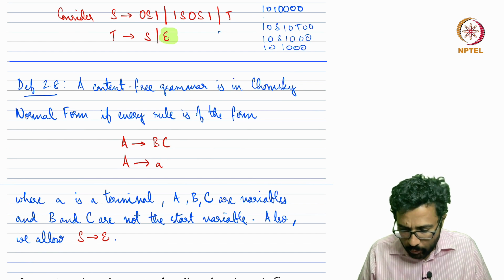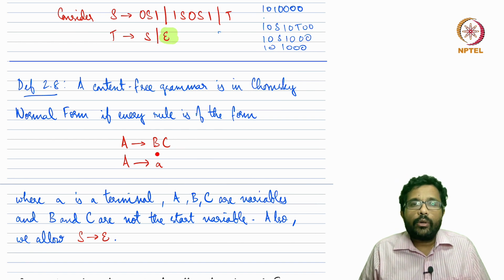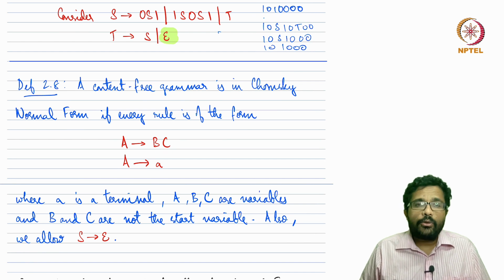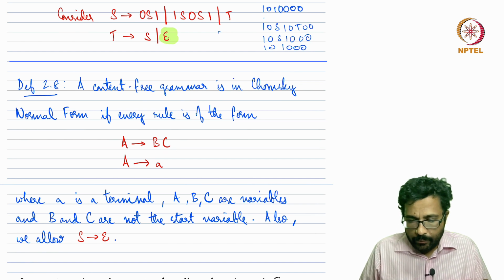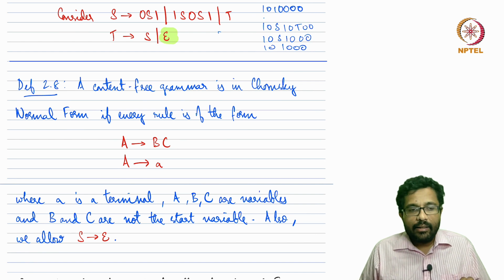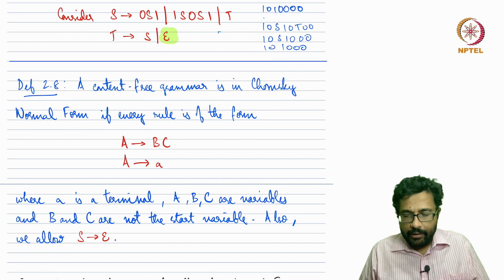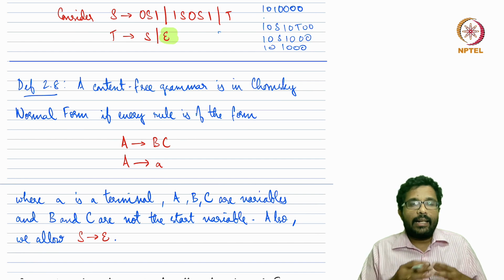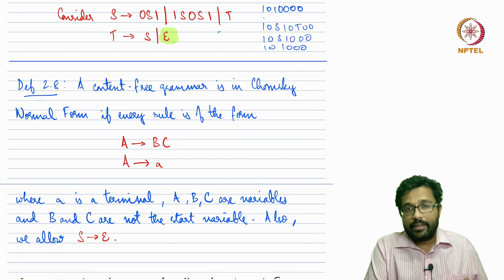And there are two more things that we want. We don't want the start variable to appear in the right side of any rule. So B and C should not be the start variable. We also do not want empty rules. So any rule of the form A gives empty string is not allowed. The only exception is, what if the language that we are trying to create also has the empty string?